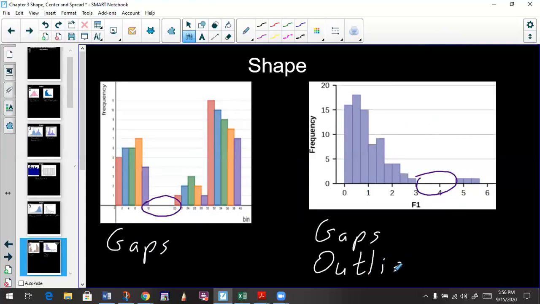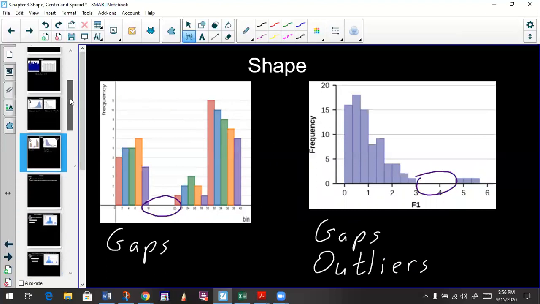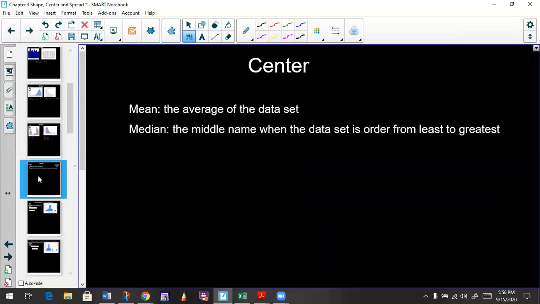We're going to get a little bit more technical about what is considered an outlier and what's not, but that's a few slides down the road. Right? And real quick, we're going to run through mean and median. When you talk about the center of a distribution, we just did shape of a distribution. We're now going to do center of a distribution.